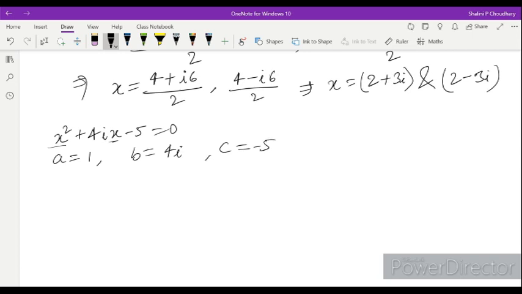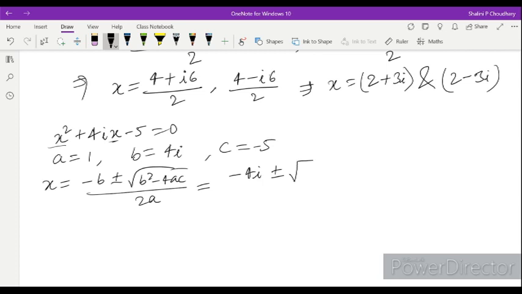So the value of x will be minus b plus minus square root of b square minus 4ac divided by 2a. So now we'll put the value. So minus b is equal to minus 4i plus minus square root of b square, 4i whole square, minus 4ac. 4 into a is equal to 1 and c is equal to minus 5, divided by 2 into 1.